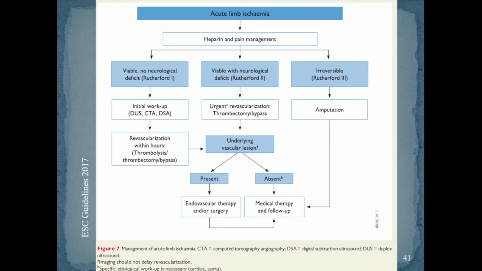So, if the limb is viable with neurological deficit, it is Rutherford 2, then we need to urgently revascularize such a patient, do thrombectomy and bypass.